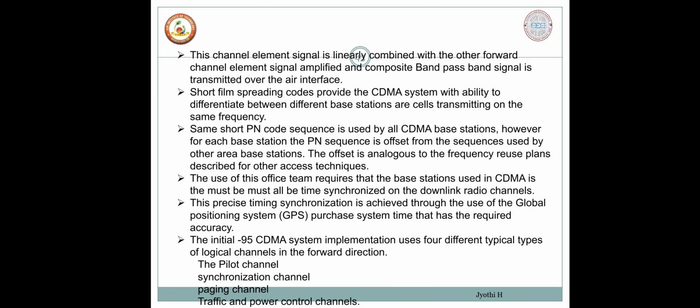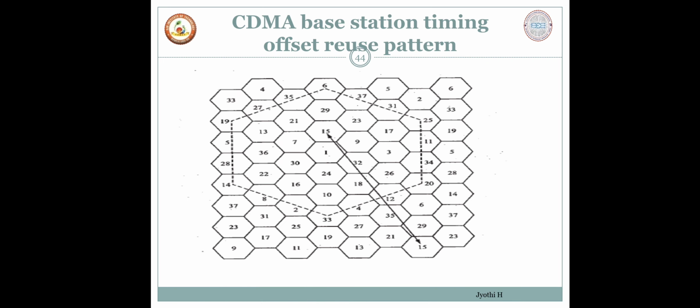This precise timing synchronization is achieved through the use of the global positioning system, whose system time has the required accuracy. The initial IS-95 CDMA system implementation uses four different types of logical channels in the forward direction: the pilot channel, synchronization channel, paging channel, and traffic and power control channels.